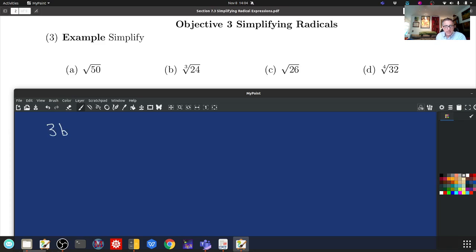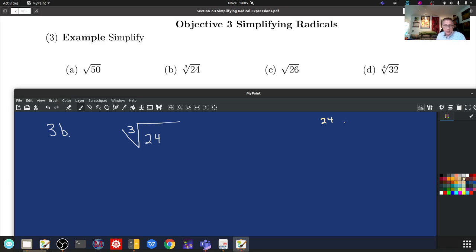3b. So here we have the third root of 24. The first thing we have to do, we don't really know, can it be simplified or not? Let's come over here and let's factor 24. I always just start with the easiest thing to divide it by, the thing that pops to my head first, and in this case, that's going to be 2.